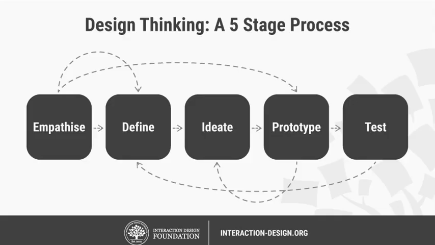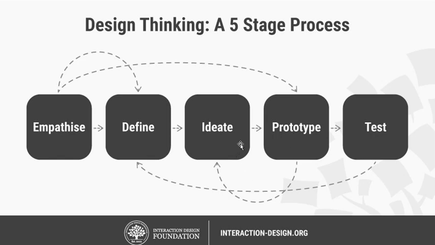Okay, so design thinking, as we can see from the figure, empathize. From empathize, we go to define, and then ideate, prototype, and then test. Okay, then if you see the dash arrow, from the prototype, we can go back to ideate, and then improve. It is an iterative process.